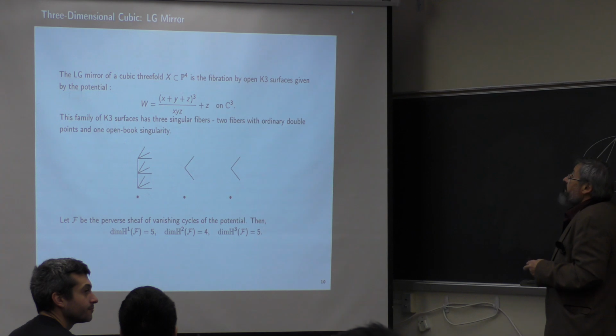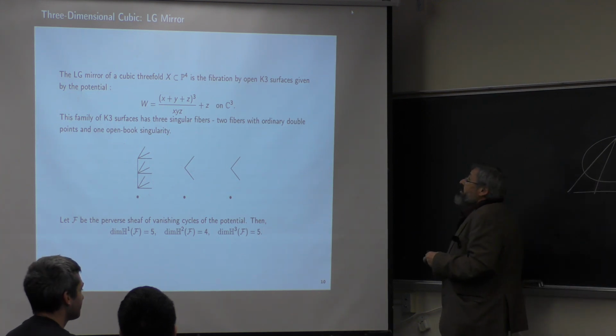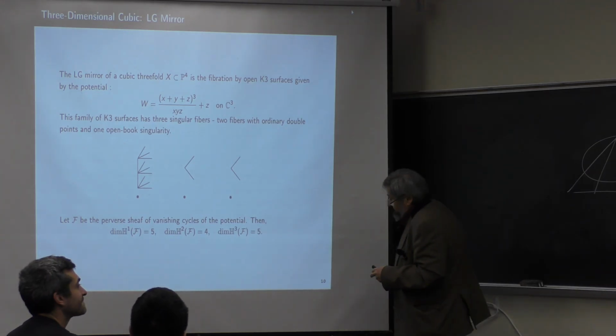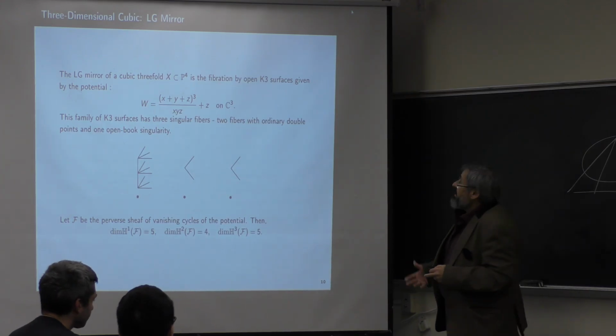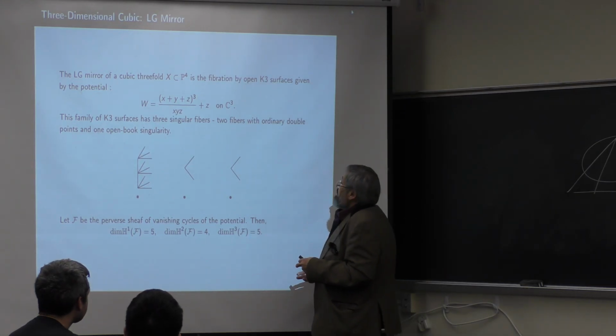So now, if you compute the singularities, you will see that this function has generically an open surface as a generic fiber, and we have 3 singular fibers.